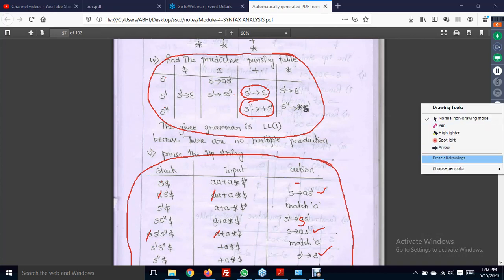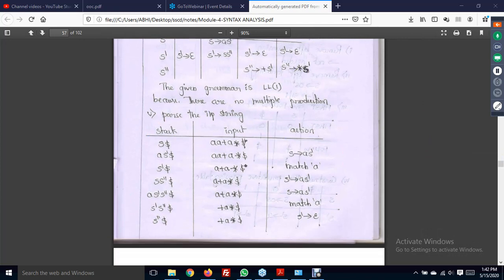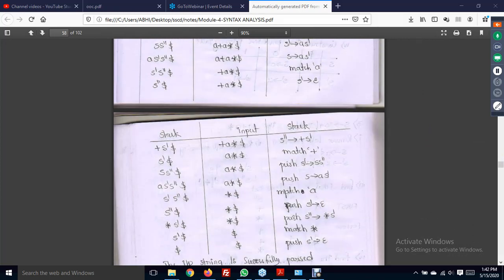Alright, so let's continue. So what do I have with respect to S dash? It was having a production with epsilon, so S dash became epsilon, and S double dash with plus had a production of plus S dash, so plus and plus get matched, and I have S dash dollar, A star dollar.